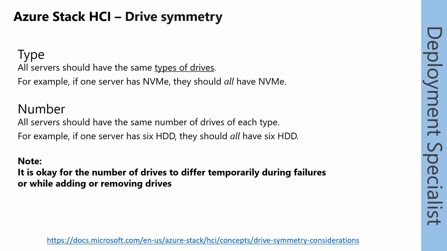When we have 3 cache drives, we can add 3 or 6 or 9, so multiples of the number of cache drives we have, to ensure that we always have a symmetric layout.